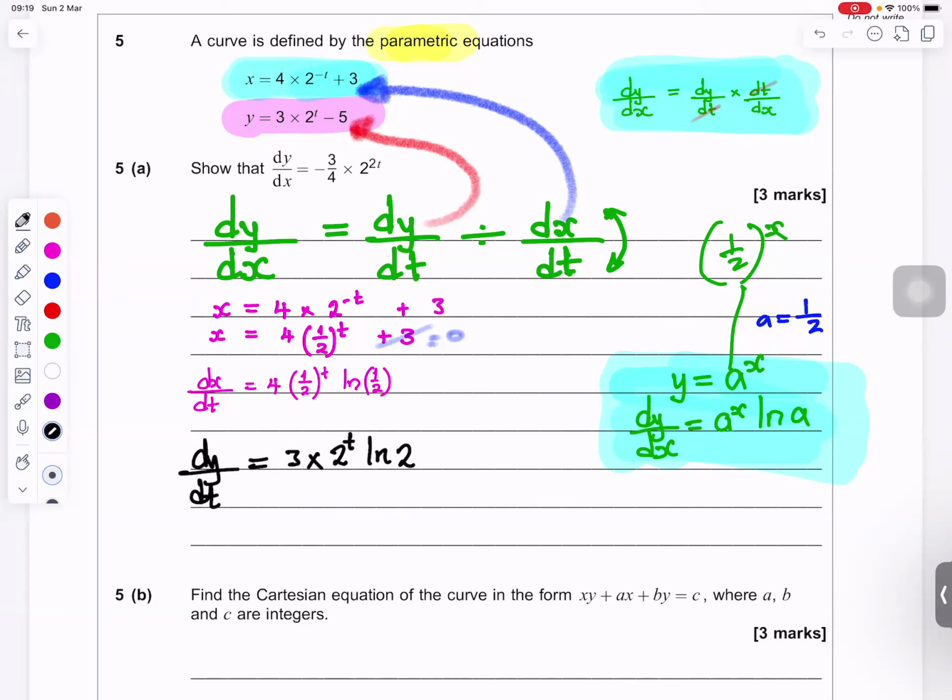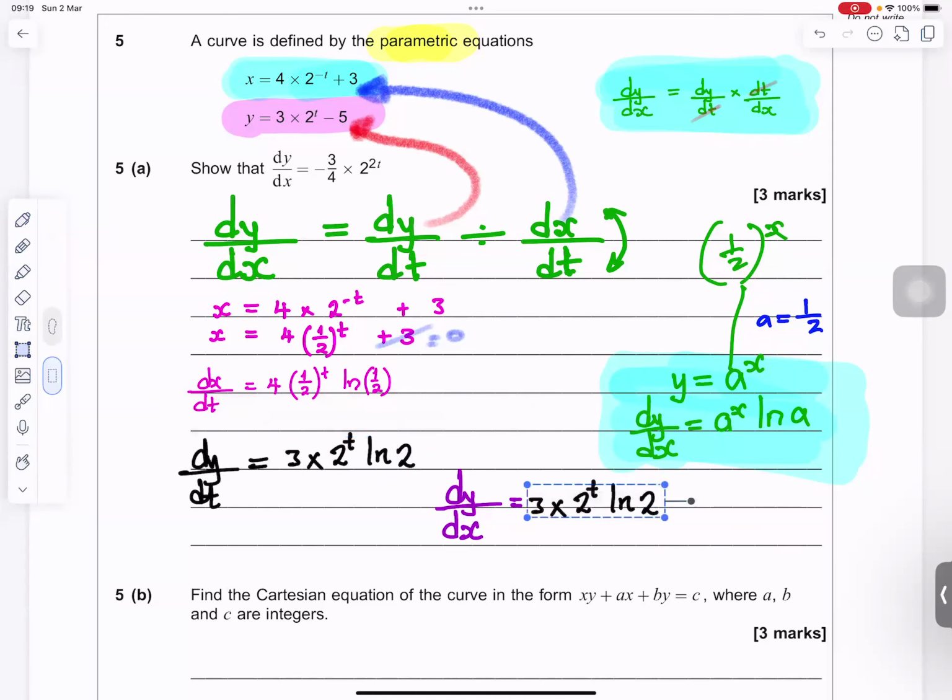So you put 1 over dx over dt. To put them now to get dy over dx, dy over dx now would be, is this one in black? dy over dt, I'll go with the numerator, divided by what did you get for dx over dt? 4 times a half to the power t times ln half.